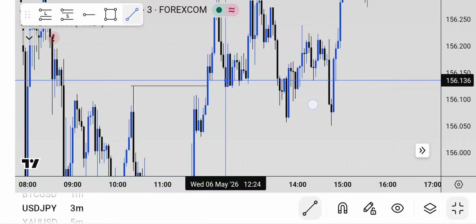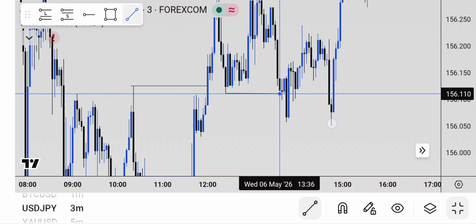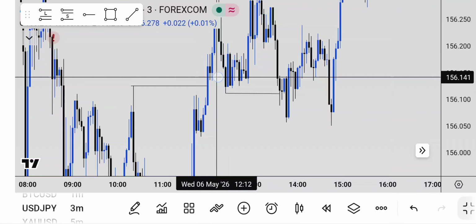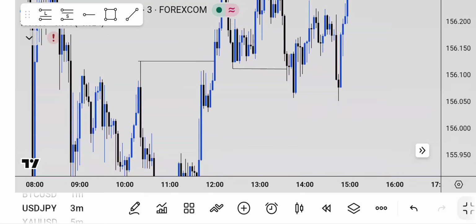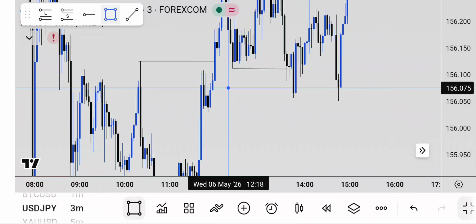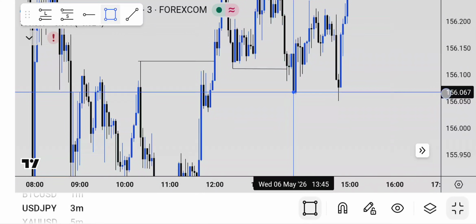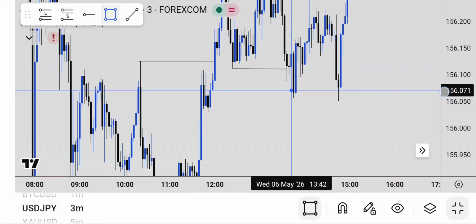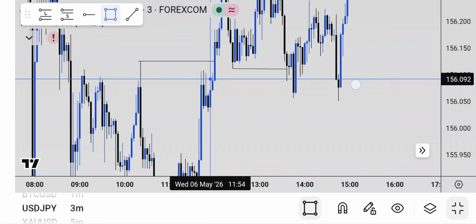This is the pullback. Do you understand? Or I can still use here as my inducement. They are both liquidities, here can be your liquidity and here can also be your liquidity. Now remember, what I trade is breakout structure or market structure shift, inducement, and POI. These are the three things that I trade. So what's my point of interest? Some of you will actually go and use this breaker block as your point of interest, which played out already in this market, but that doesn't mean that was what pushed this straight to the upside.